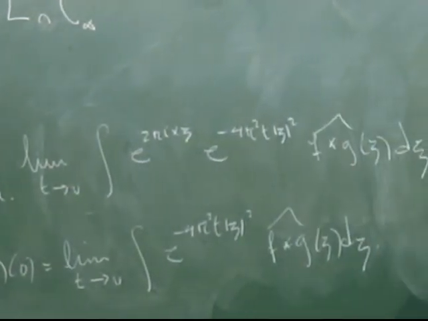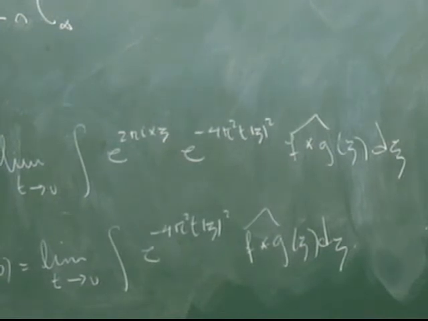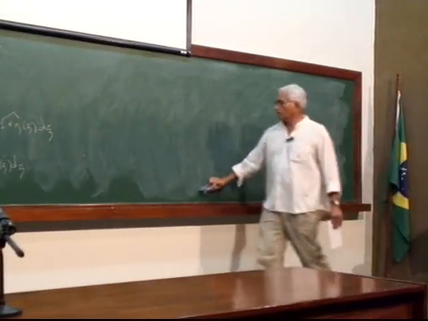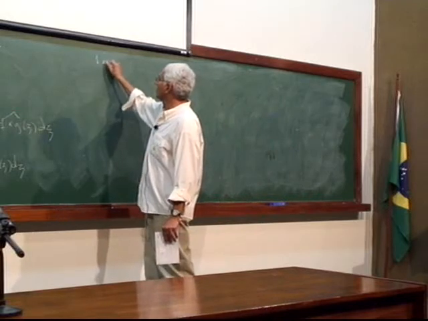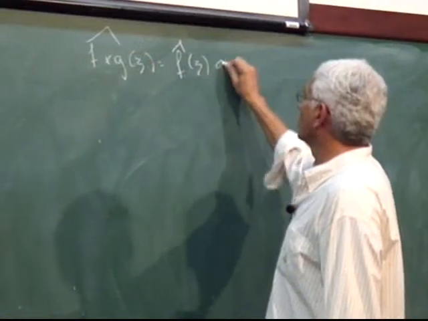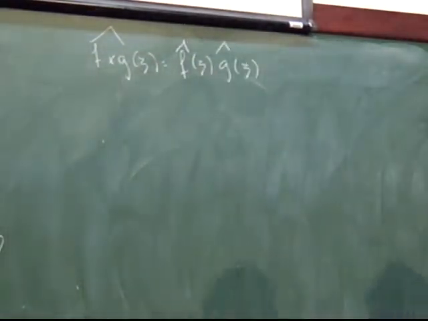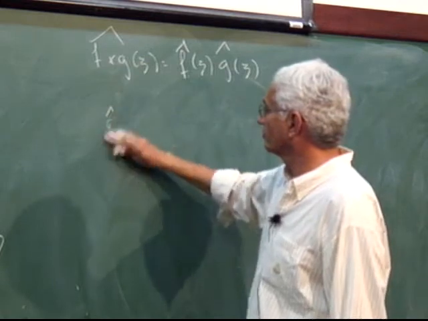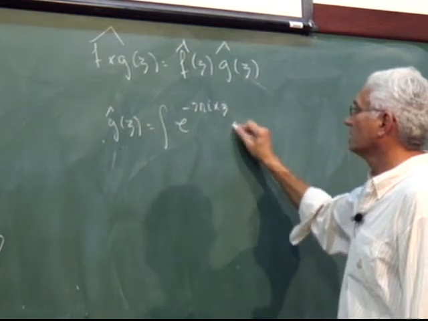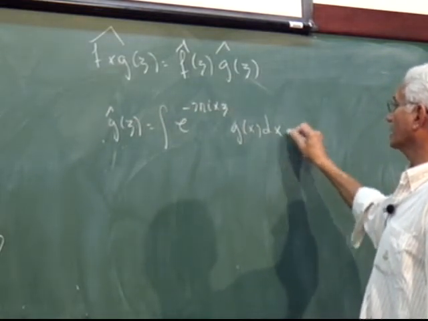And now let's see, why did you choose your G that way? Okay, what is the Fourier transform of F convolution with G? Well, we saw this is F convolution with G, I mean, product with this. Okay, what is this? By definition, this is the integral of exponential of minus 2 pi i x ξ times G of x dx. What is this one?